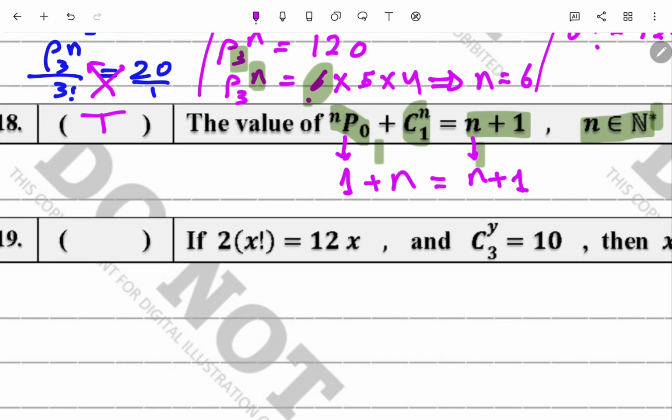In 19 we are given 2x factorial equals 12x. The best way is to cancel the 2 by dividing both sides by 2. That will give you x factorial equals 6x.